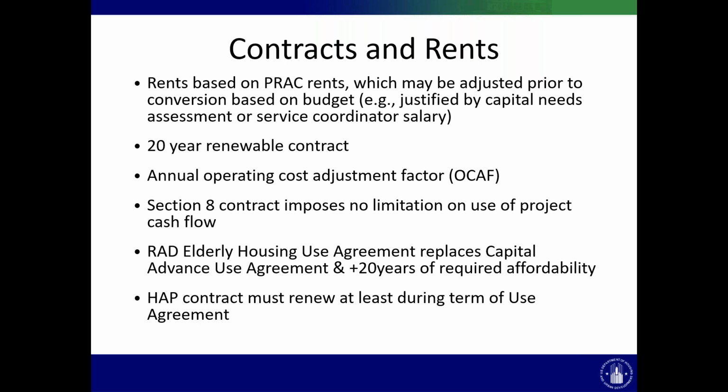In addition to the HAP contract, we replace the capital advance recorded documents, the use agreements, and the note with a RAD elderly housing use agreement, a single document that's recorded, and that adds a required 20 additional years of affordability on the property. It also requires that during the term of the use agreement, the owner must agree to renewing the HAP contract.